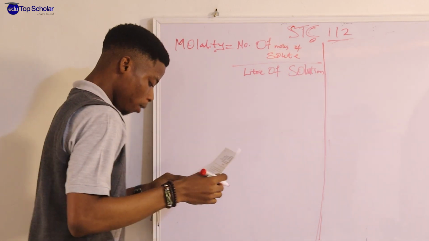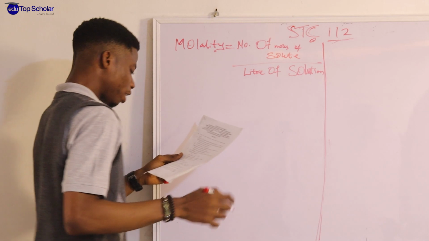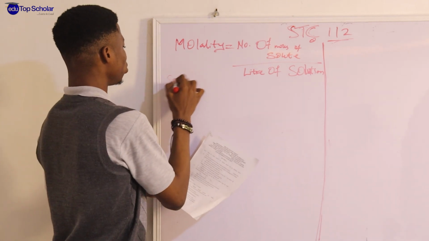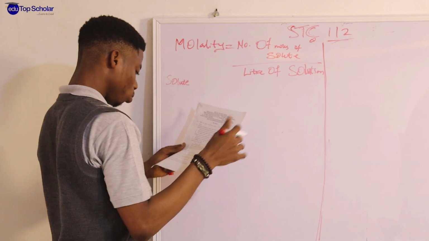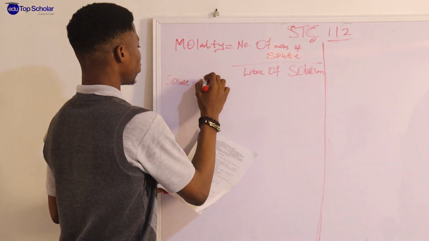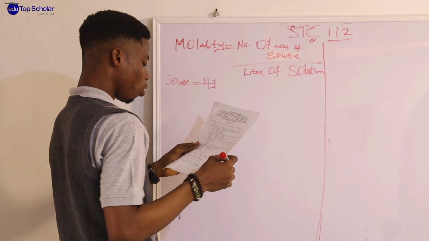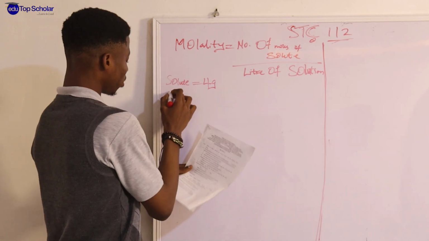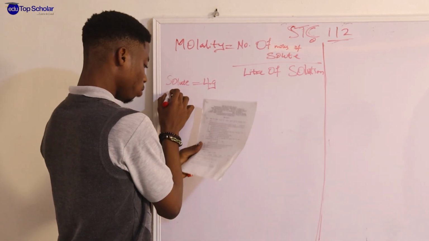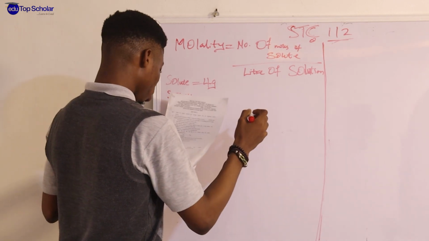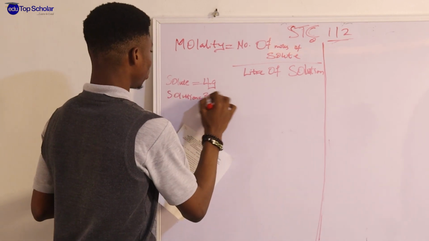Now, a 4-gram sugar cube, sucrose, is your solute. The solute is 4 grams. The 350 milliliter teacup of 80 degrees Celsius water is our solution, 350 ml.